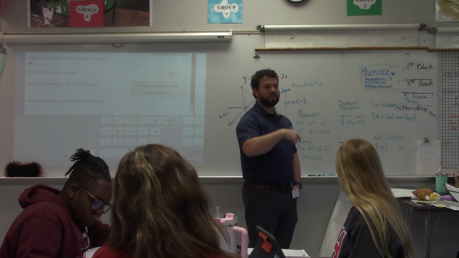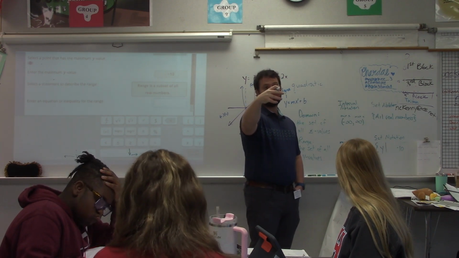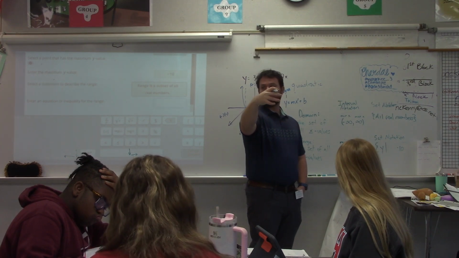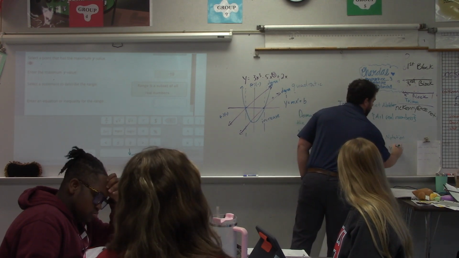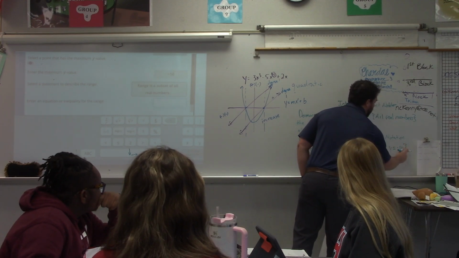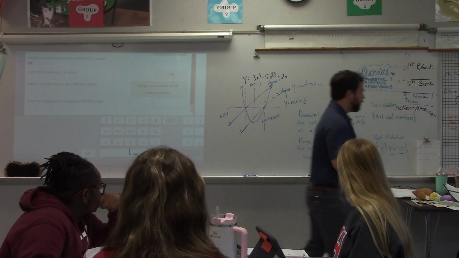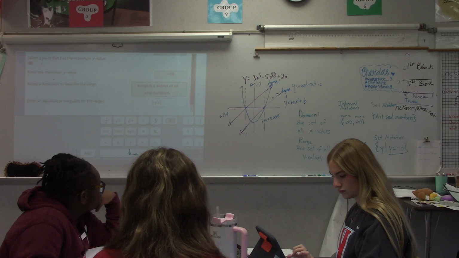All the way down to negative infinity. So it's negative 10 or what? Think about your inequalities. It's less than negative 10, isn't it? Or it can what? So y is less than or equal to negative 10. This is all that Mathia is looking for. Y is less than or equal to negative 10.